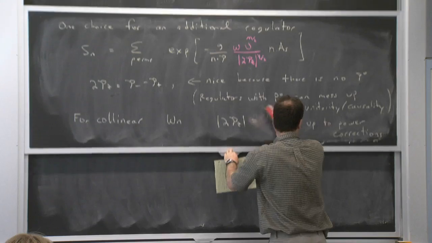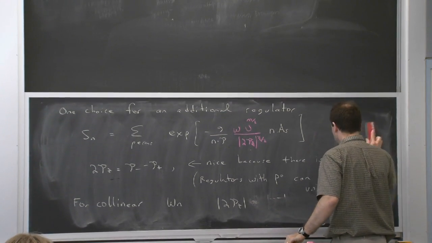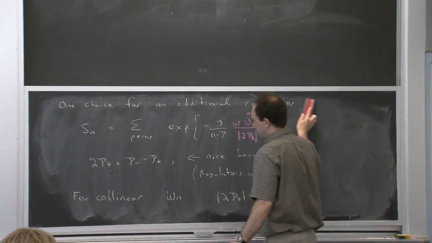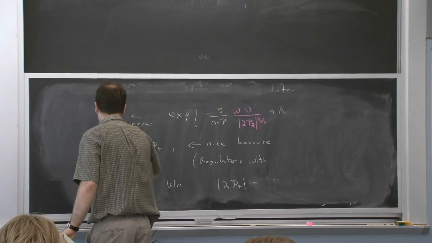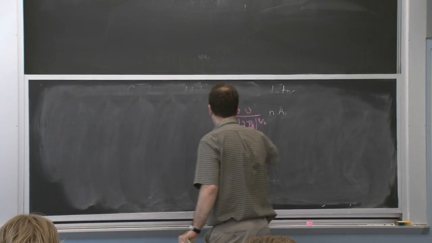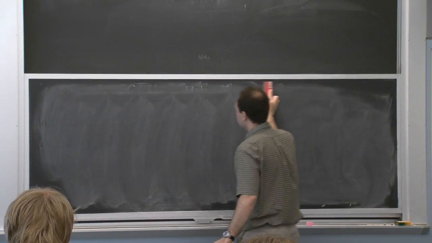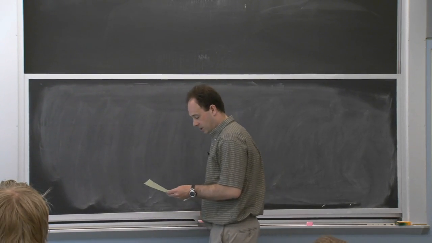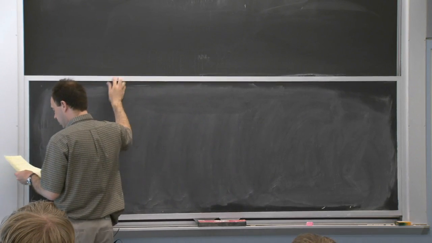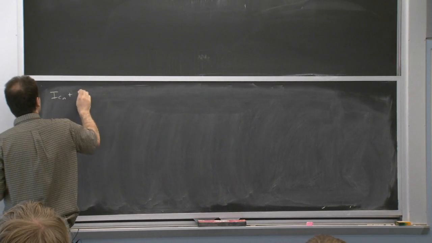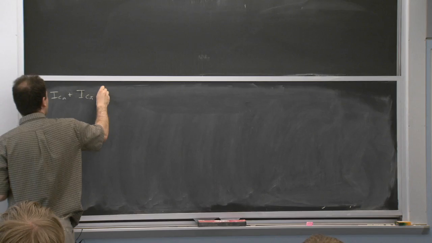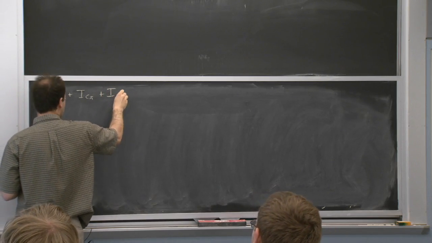So you'd expect that there's a corresponding regulator between the two sectors, so that when you add them together, the dependence on that parameter cancels away, because it's just an artificial separation that we're doing. So if I add them up, the 1 over etas cancel, and so do all the logs of nu.